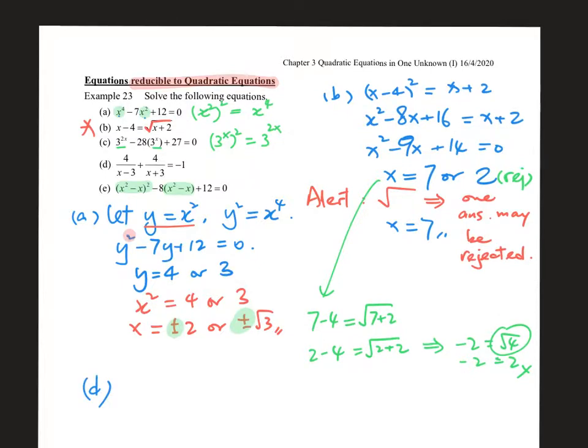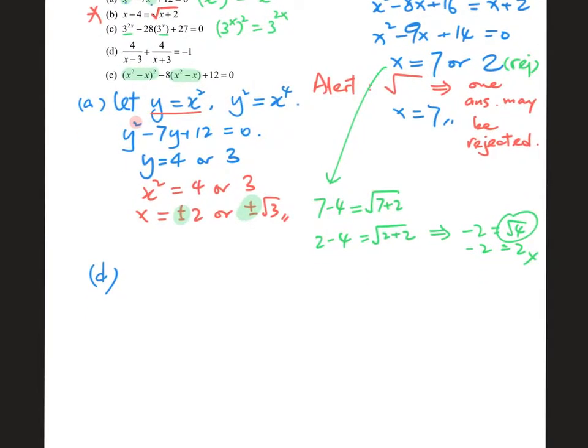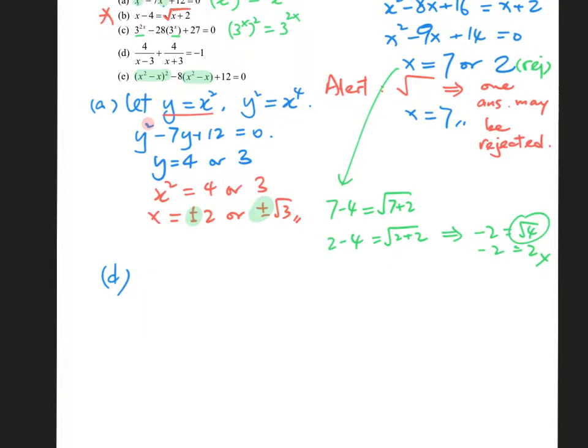And at last, we go to example part D. If you have fractions, then normally we put the fractions together, which is 4 times (x plus 3), 4 times (x minus 3), and the denominators put together. We don't like fractions, of course. So that's why I move the denominator totally to the right-hand side.